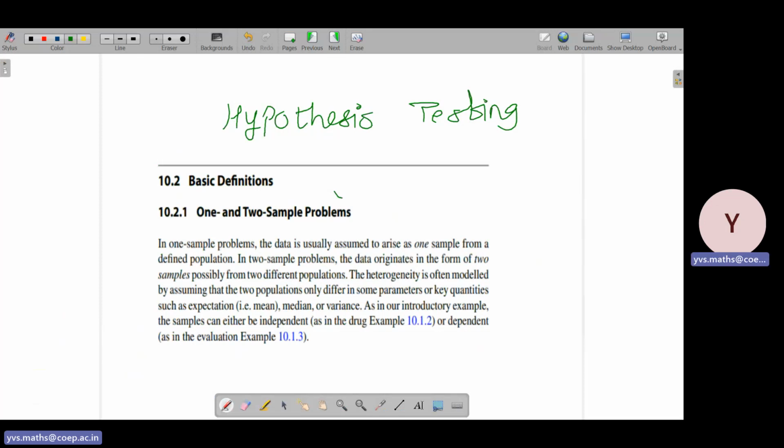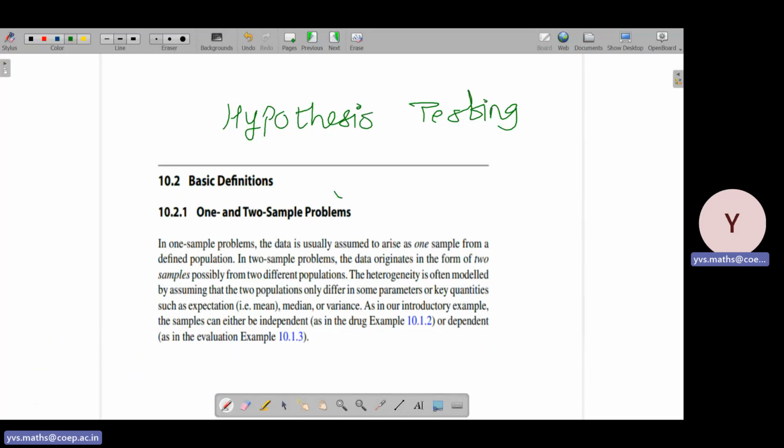So in one sample problems, the data is usually assumed to arise from one sample from the defined population. In two sample problems, data originates from two samples, possibly from two different populations. It is not mandatory that in two sample problems your samples are from two different populations.